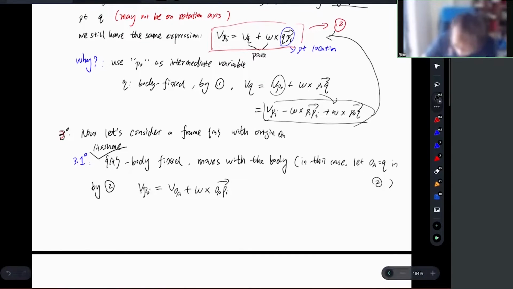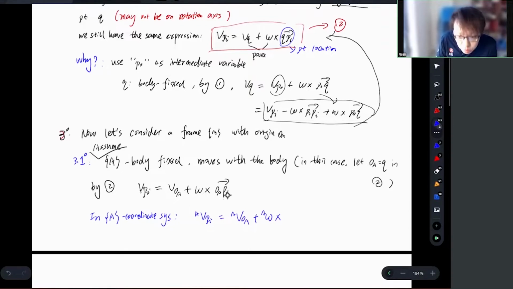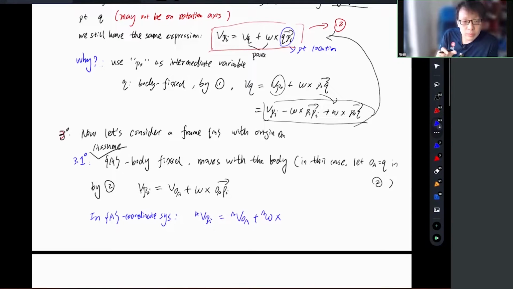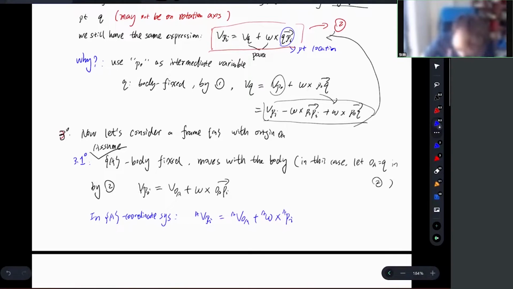If we express this in coordinate system A, then VPI in A equals VOA in A plus omega in A cross OA to PI, which is the point vector representation of PI in A, so that will be just PI in A.